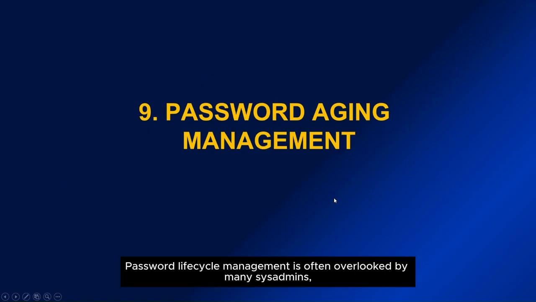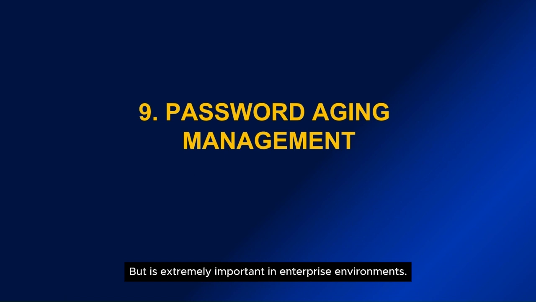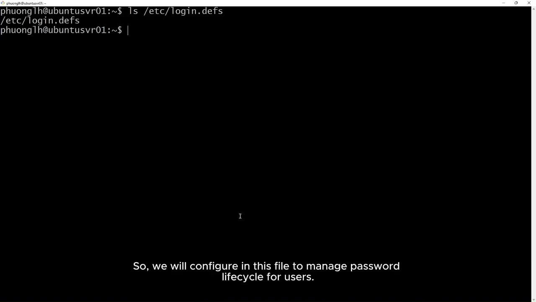Password life cycle management is often overlooked by many sysadmins, but is extremely important in enterprise environments. So we will configure in this file to manage password life cycle for users.